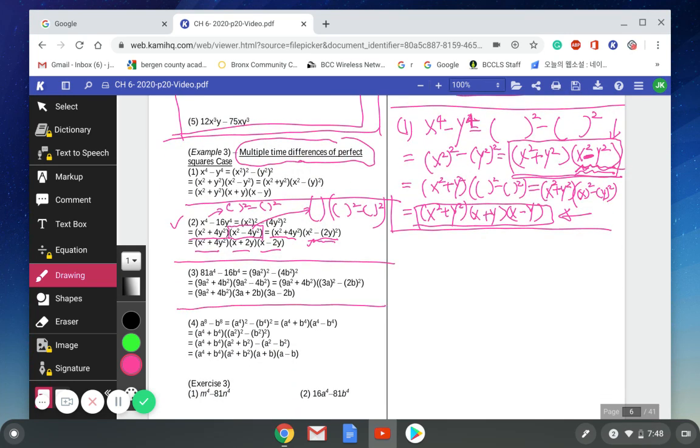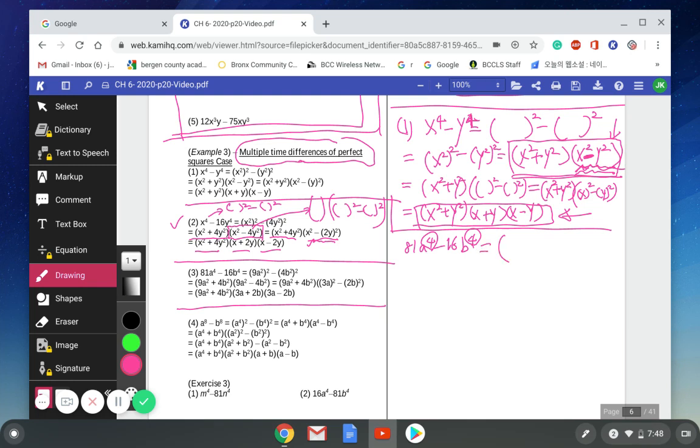Now another example is when you have 81a to the fourth minus 16b to the fourth. As you see, to recognize this is a multiple time difference, you always have higher than second power, like fourth power. Okay.